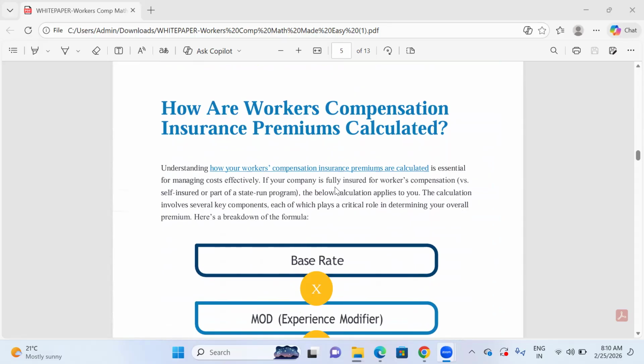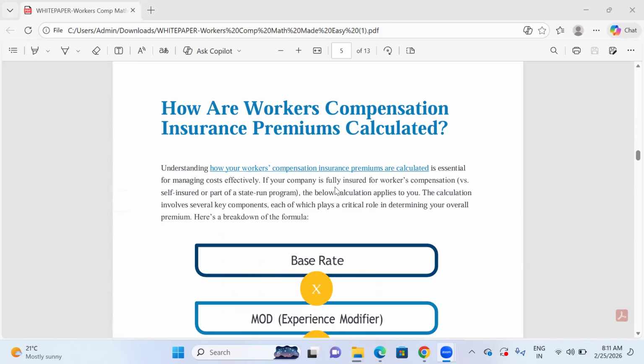Whether a company is fully insured for workers' compensation versus self-insured or in state-run programs, this calculation should be understood. It normally involves multiple key components, each of which plays a critical role in determining the overall premium.